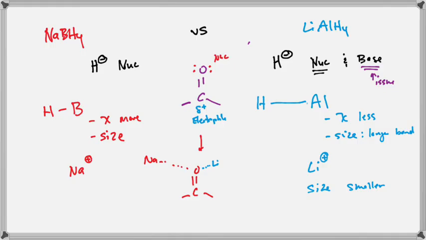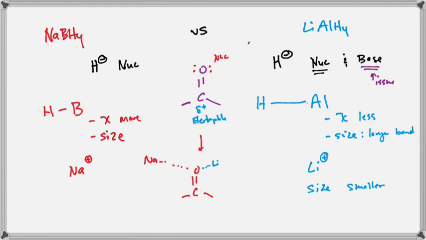It's a very weird question to ask. Could I have had sodium aluminum hydride and lithium borohydride? Absolutely. In fact, all I'm going through and doing is subtly tweaking the reactivity of those individual species.